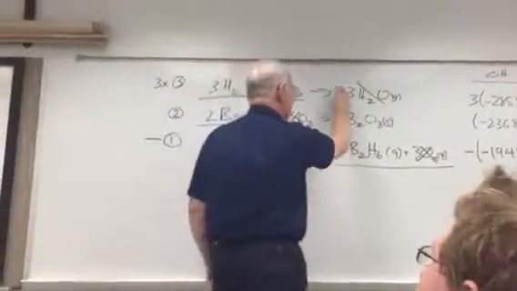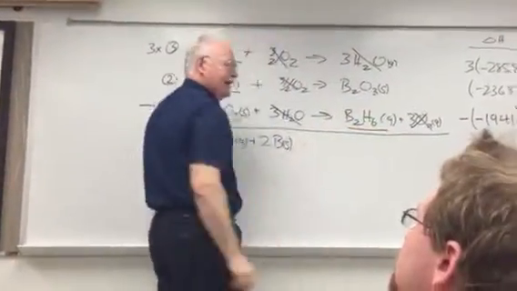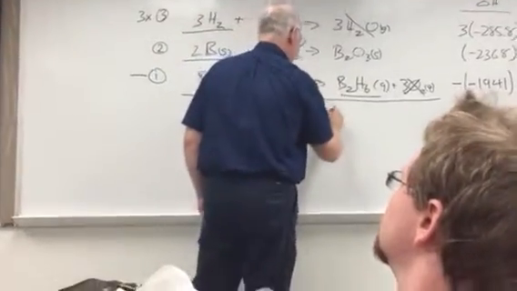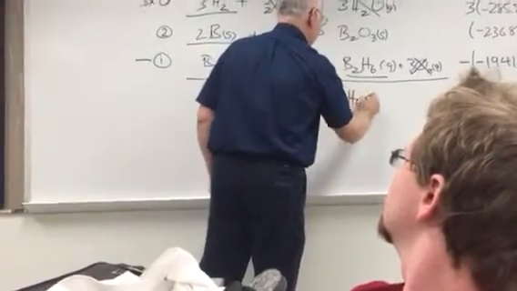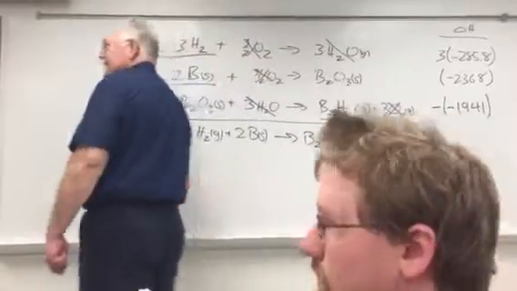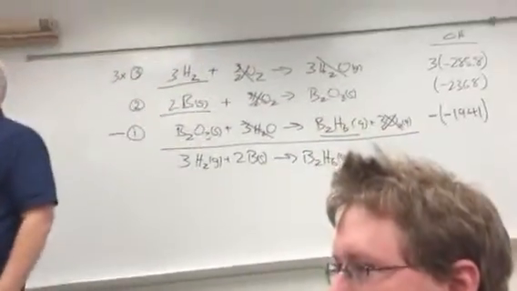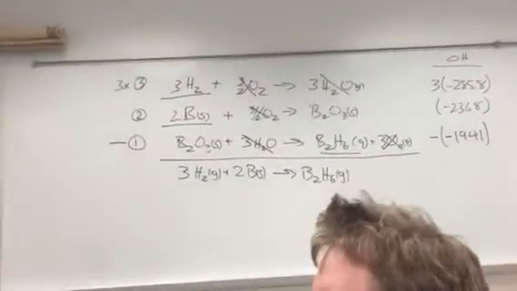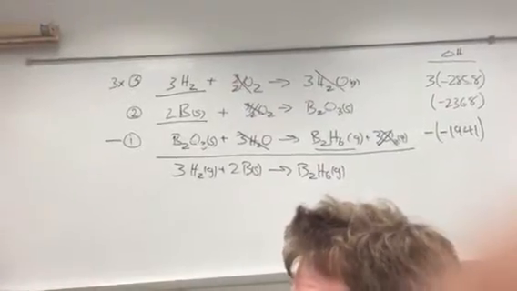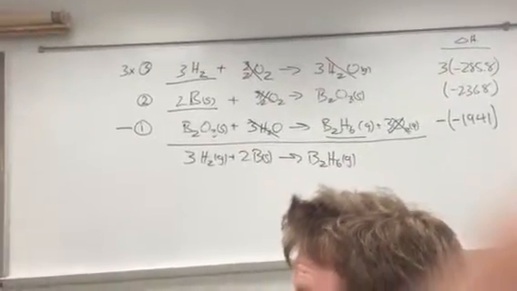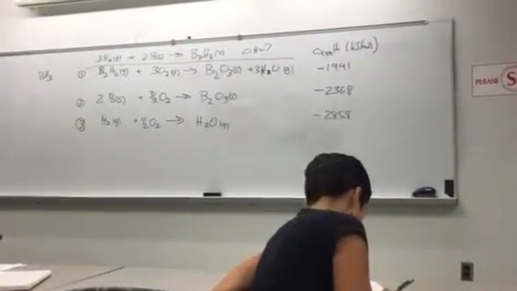On the product side, the only thing we have is diborane. And that is precisely the reaction at the top of the board that we wanted the enthalpy change for. That's exactly that top reaction.